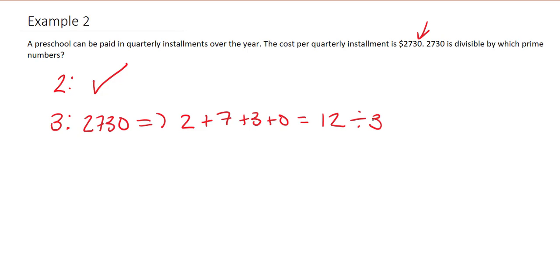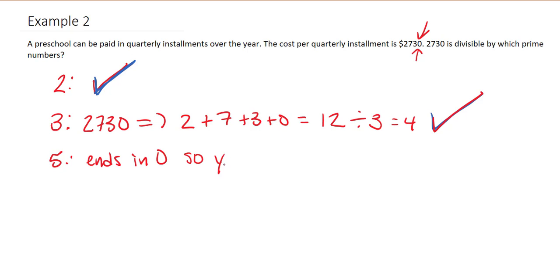Yes, we can, because 12 divided by 3 is equal to 4, which is a whole number. So that works out really well. Now 5. We notice that it ends in a 0. So yes, this also checks out.